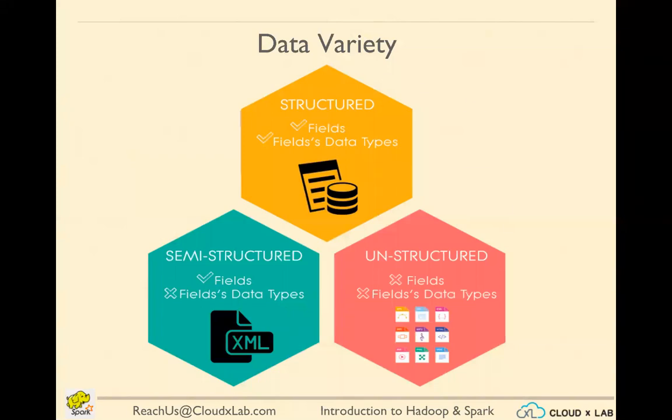Unstructured data could be in the form of videos and audios, or something which we right now do not know. Unstructured data could be anything which does not have fields in it.